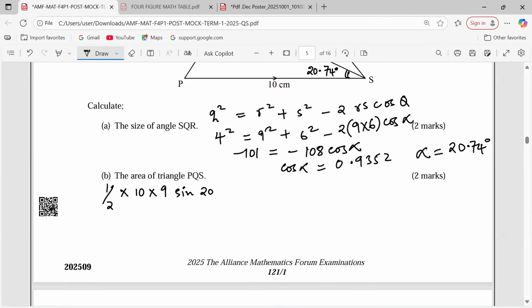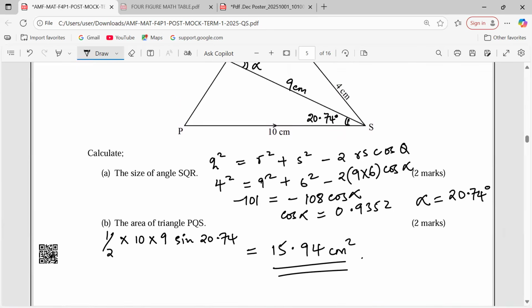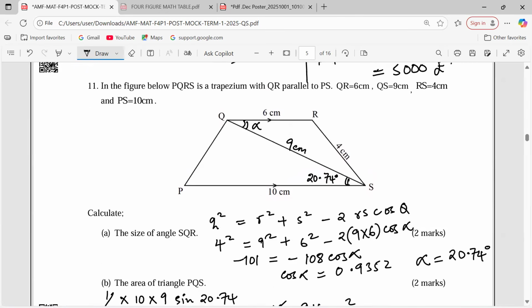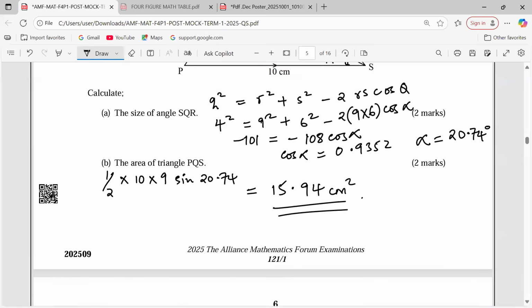So sine of 20.74. This shall give us 15.94 square centimeters, like that. 15.94 square centimeters. So that is how number 11 is supposed to be worked out.